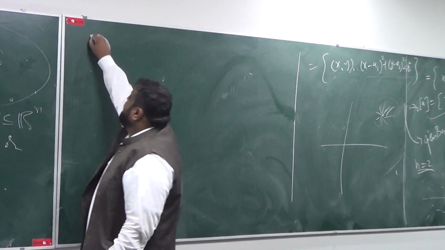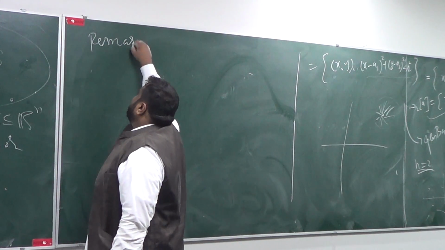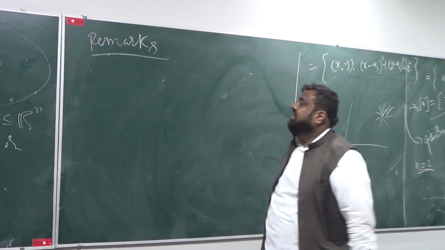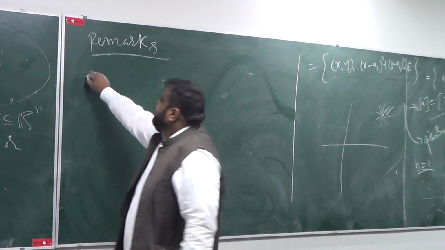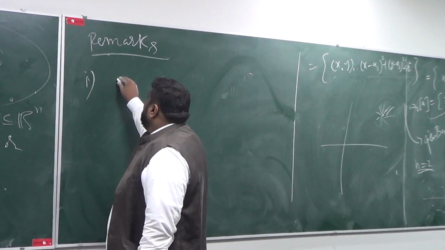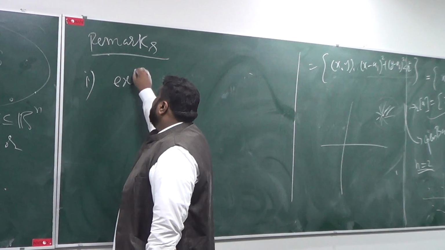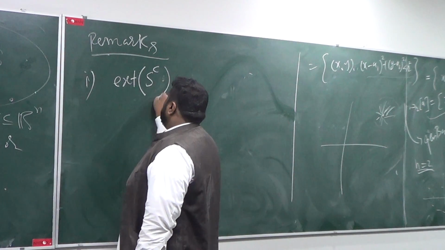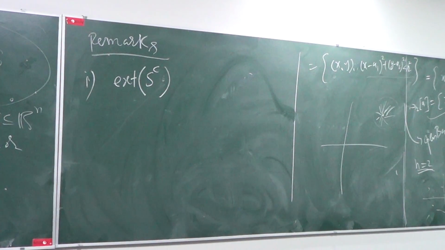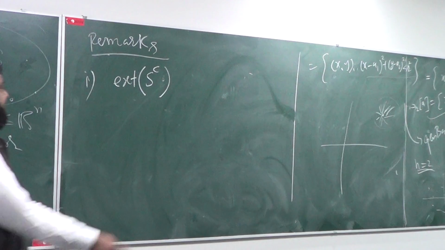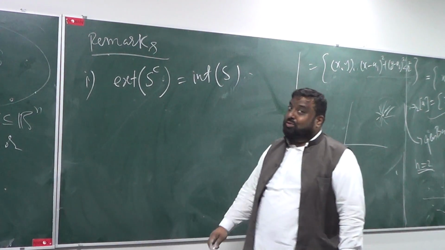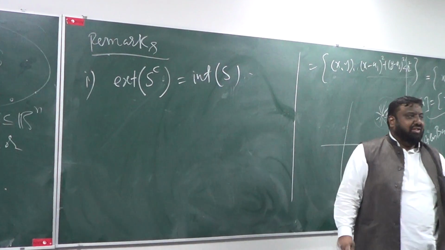There are some remarks which are pretty much obvious. First remark is, how about if I compute the exterior of S complement? What would that be? Just see the picture. So exterior of S complement must be interior of S. That's intuitive, but you can also prove it through definition, because these two are sets.